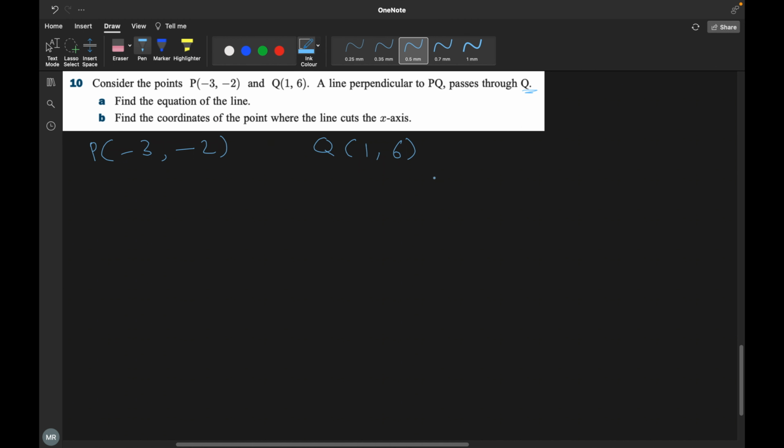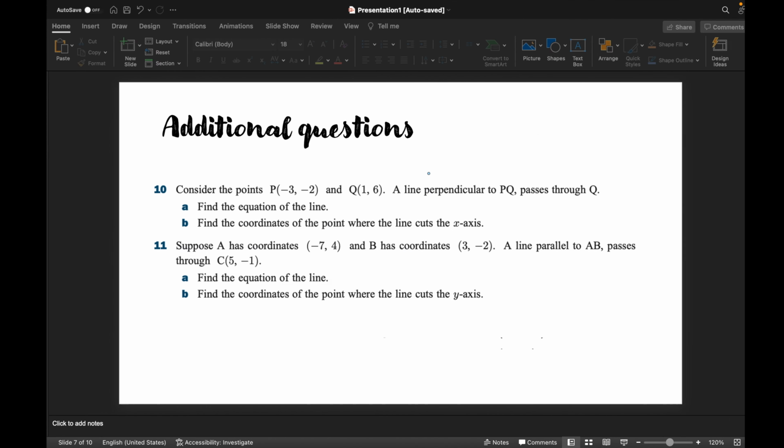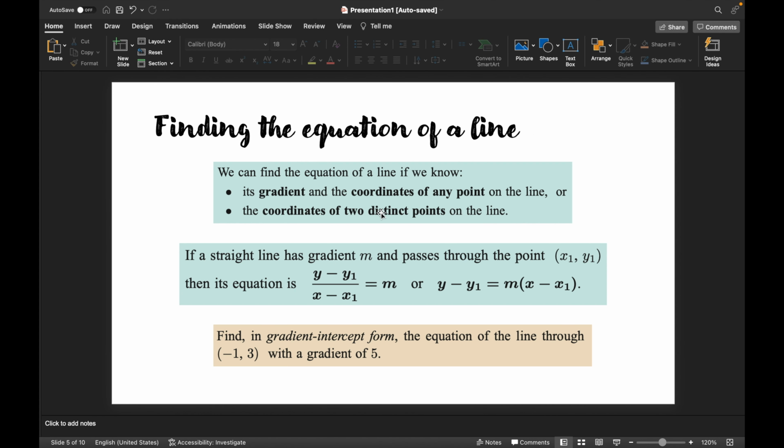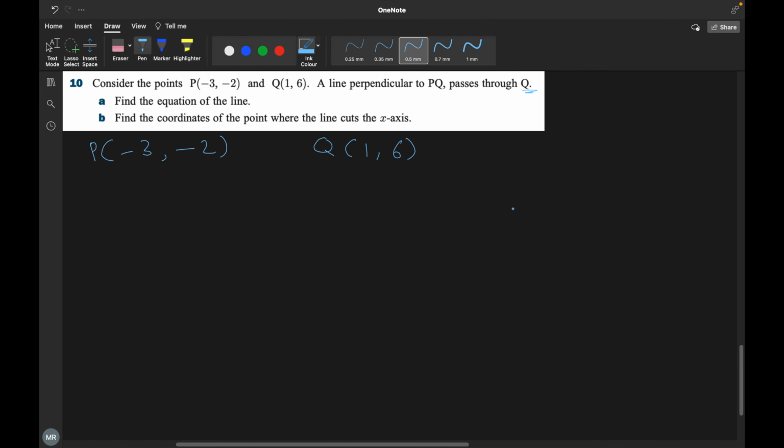Okay, now you can see that we haven't really been given any information in terms of the gradient, right? So you have to think about it intuitively. We don't know the gradient, we just know a few things. So now let's just think about what we can do.